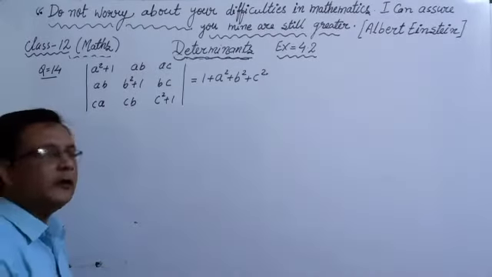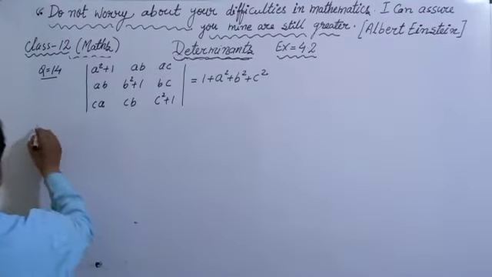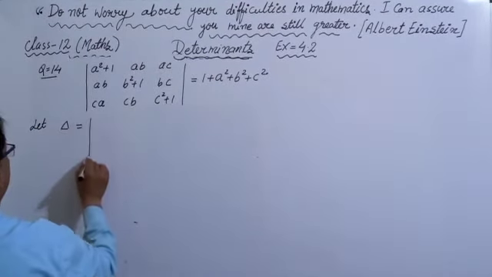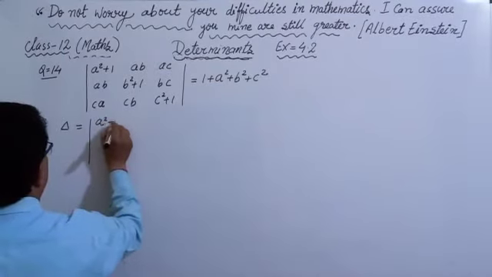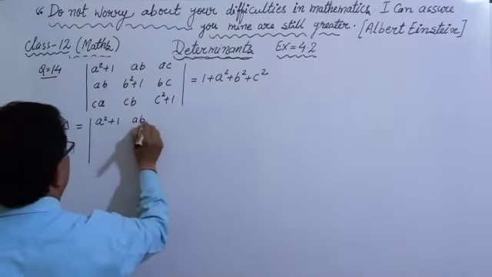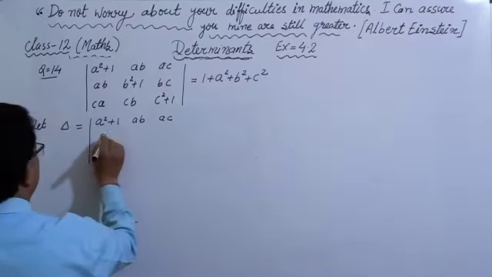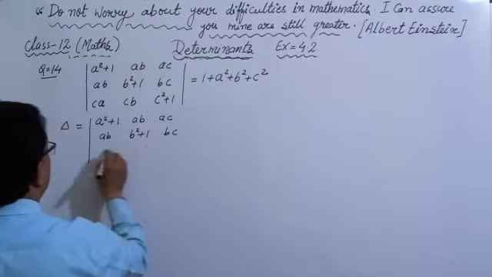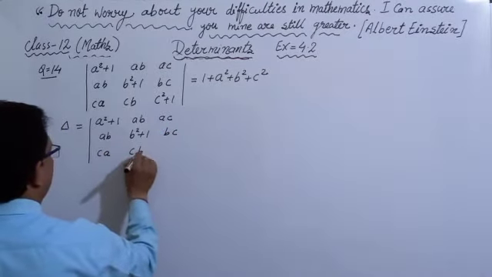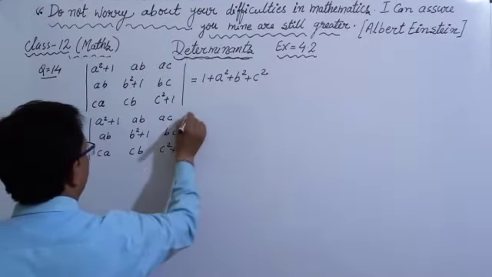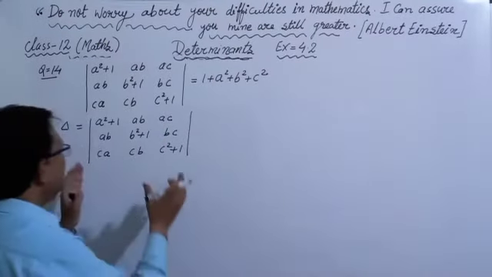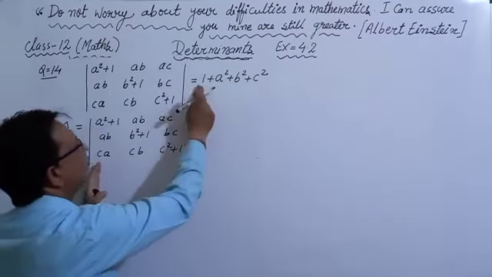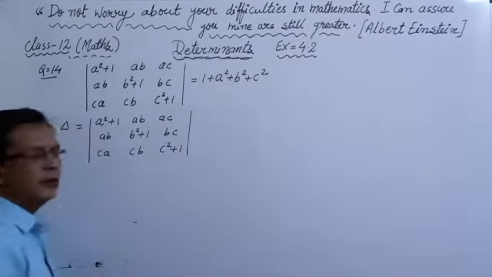First, we write the determinant delta is equal to... So here we write delta is equal to... Students, with the help of this determinant, we are going to prove the value of the determinant is 1 plus a square plus b square plus c square.